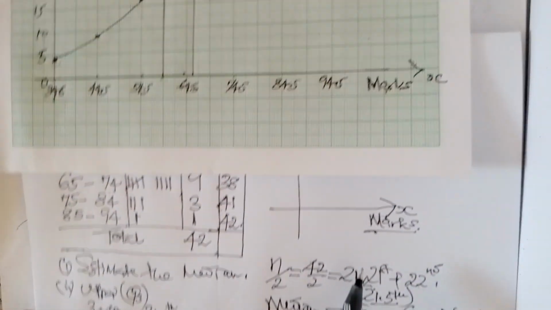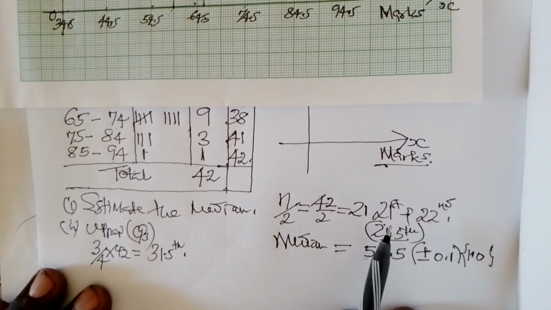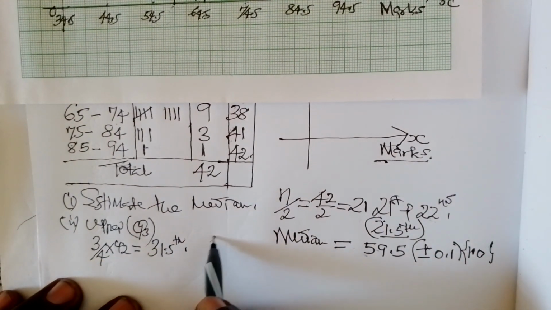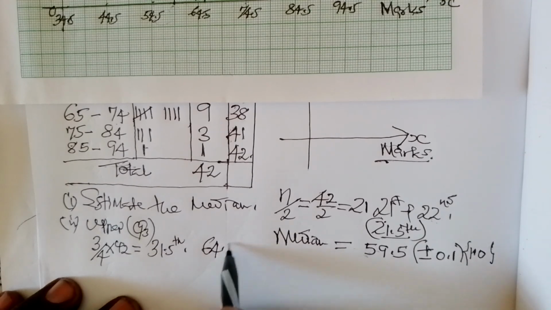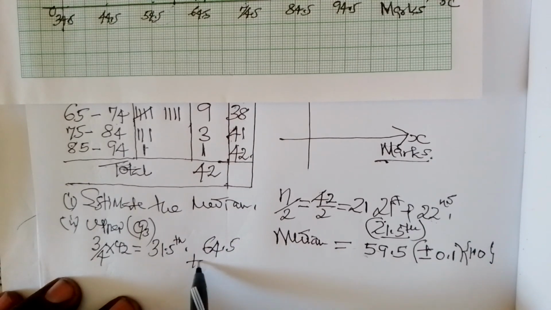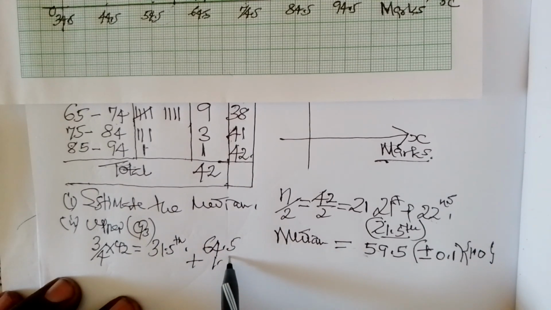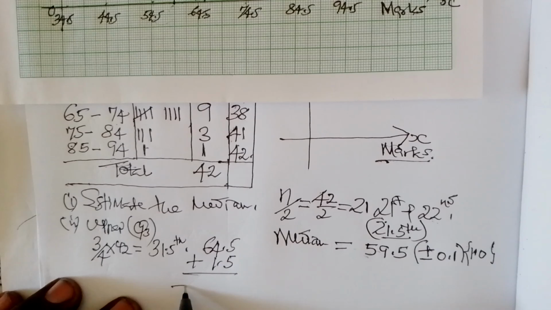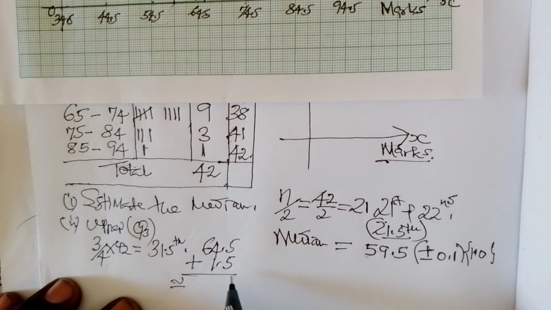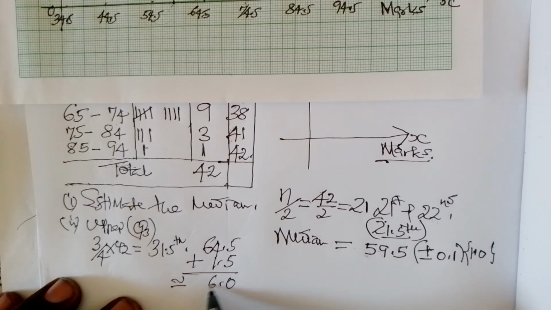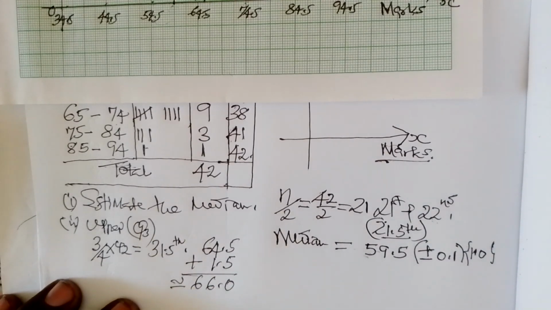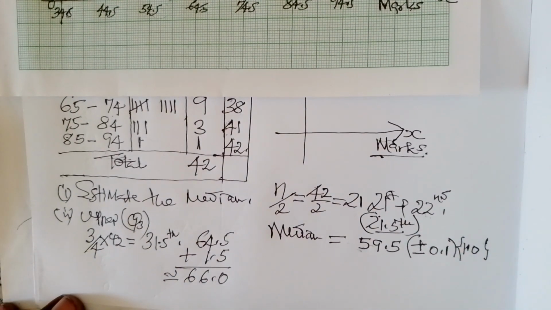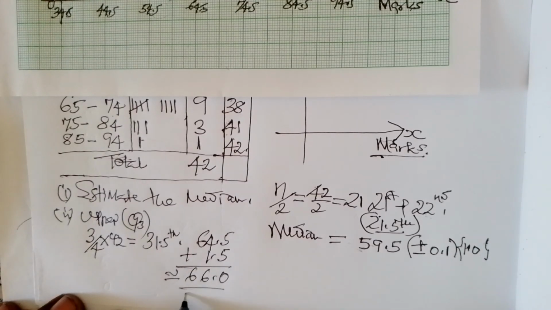Upper quartile now will be given by 64.5 plus 1.5. So this will give us an approximate value of 66.